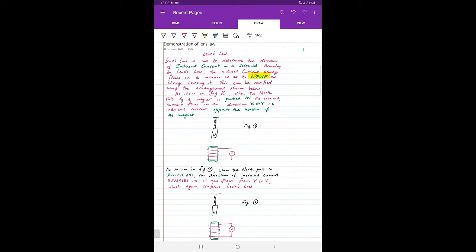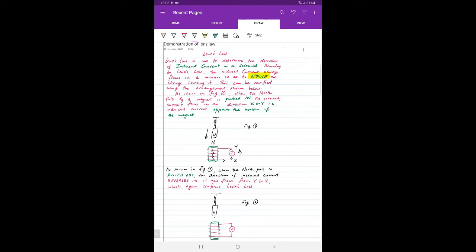So, north pushed in, north was induced. The direction of the current, I'm marking it right now. And based on the wording, current flows in the direction x to y.